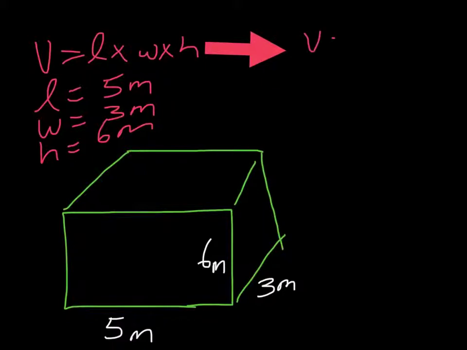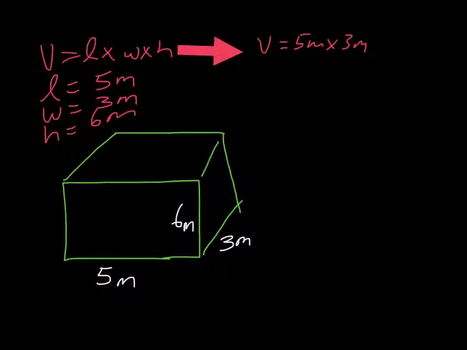Volume equals 5 meters times my width, which is 3 meters, times my height, which is 6 meters. Start working down. Volume equals 5 meters times 3 meters, which is 15 meters squared.